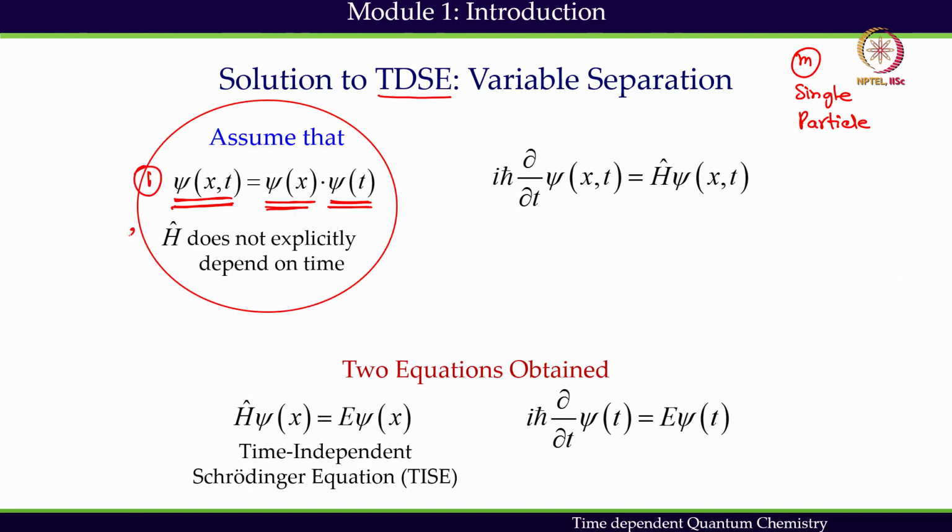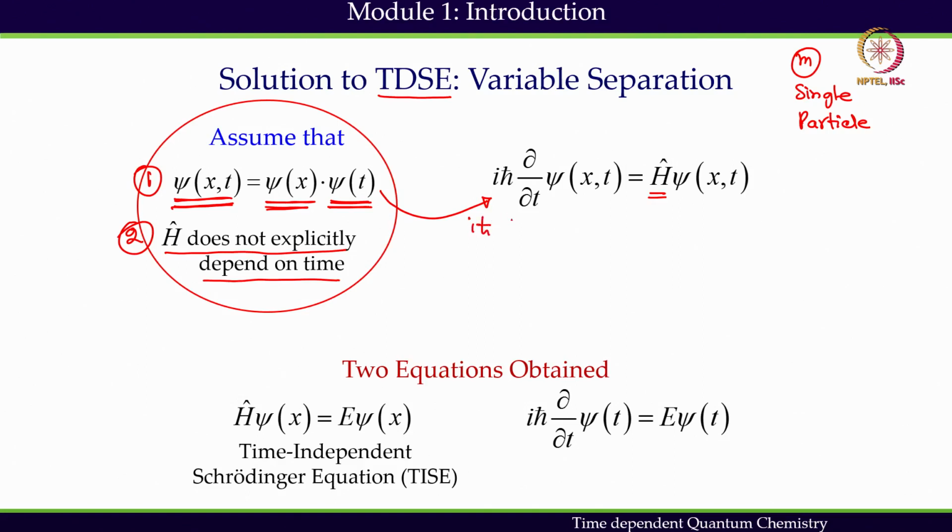The second assumption we will make, which we have already pointed out, is that the Hamiltonian operator H does not explicitly depend on time. That is also another assumption we make to solve this TDSE. So, if it can be used in the product form, I will be able to insert this product form into this equation.